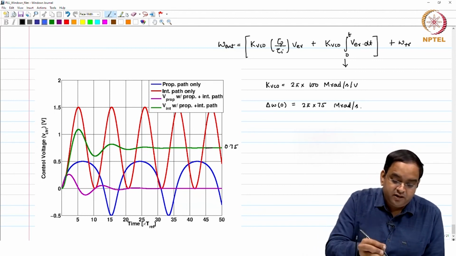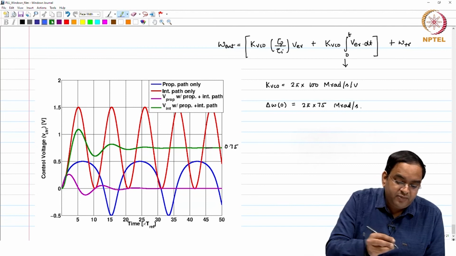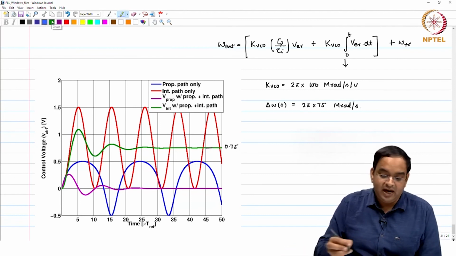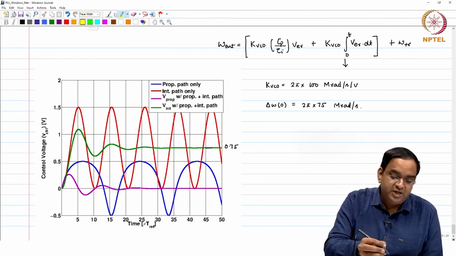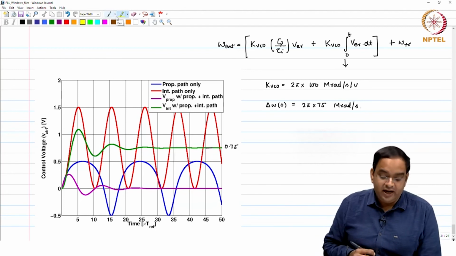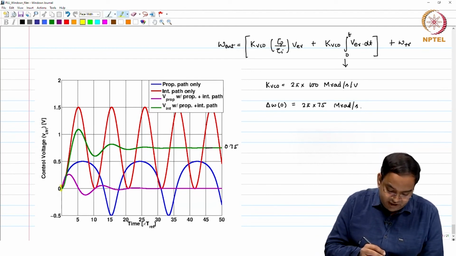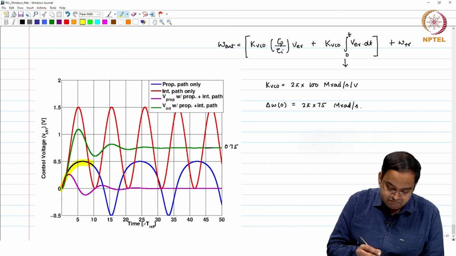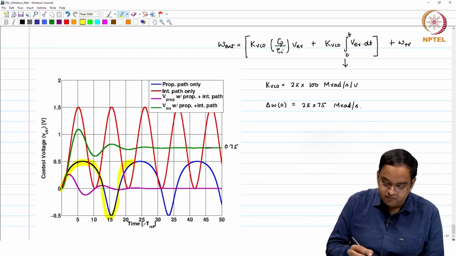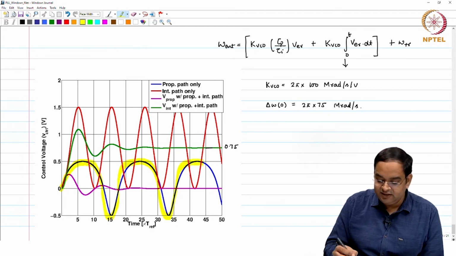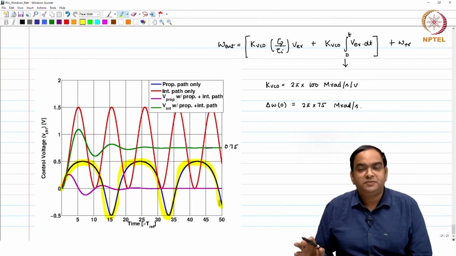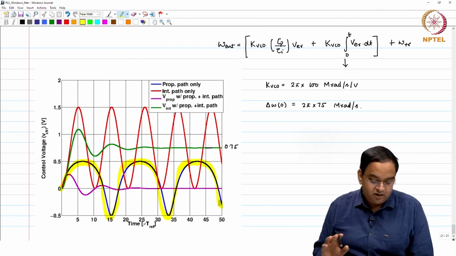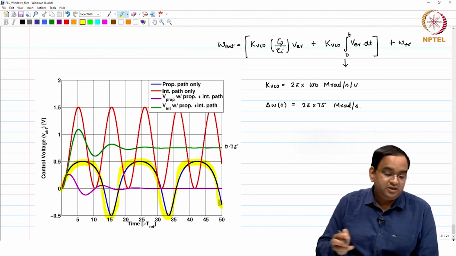So, one by one. When I had only the proportional path, which is only the path using tau p by tau I, you see that the control voltage just keeps on creating these asymmetric beat notes. There was no change. The PLL did not lock, the control voltage just keeps on changing.